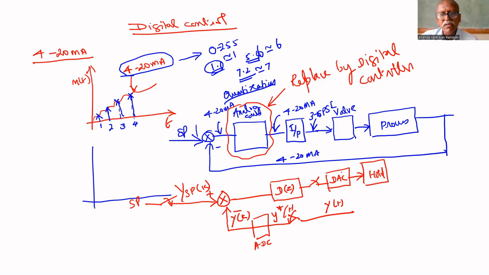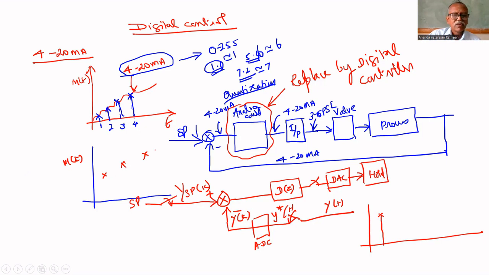DAC, digital to analog converter. Before that, it is a mere number, m of k, which has no value. But if you give this mere number to DAC, it will give signals like this.